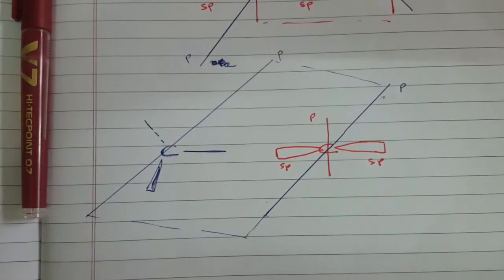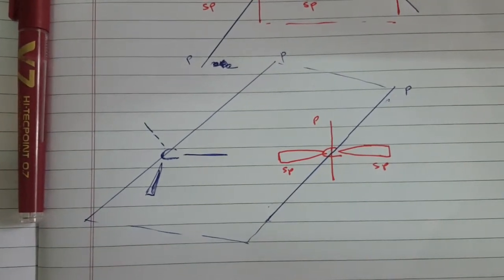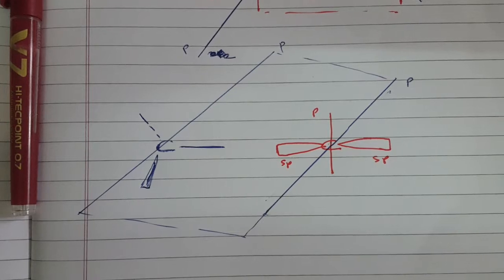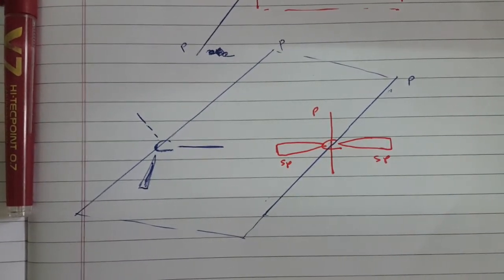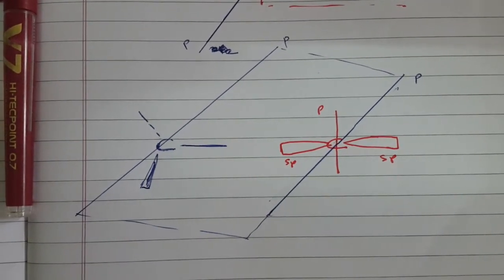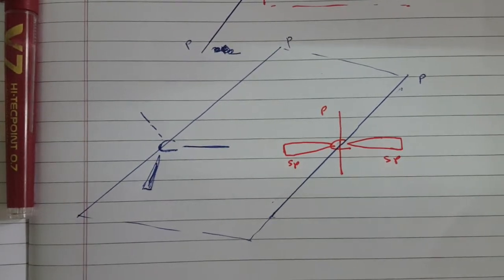The second pi bond of this carbon on the left hand side can be seen in this fashion. If the first pi bond is in the plane of the paper, then the second pp overlapping pi bond will be perpendicular to the paper.